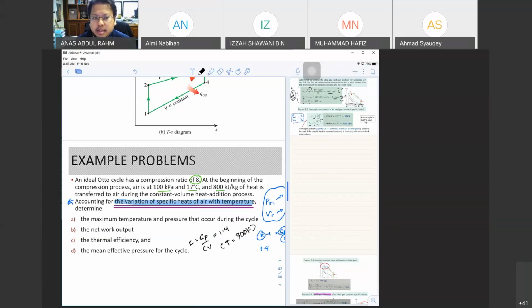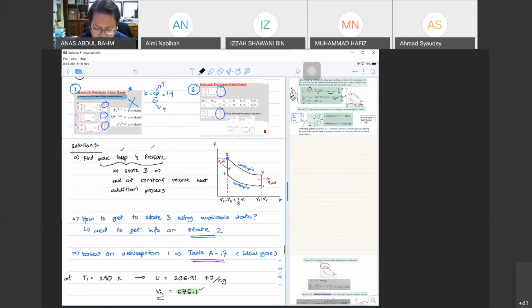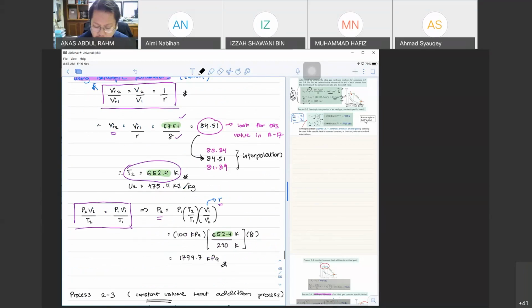They assume 300 Kelvin. But now this question asks us to account for the variation of specific heats, meaning that at every temperature we have to find the values. So from the exercise, if you remember, we saw a lot of interpolation.